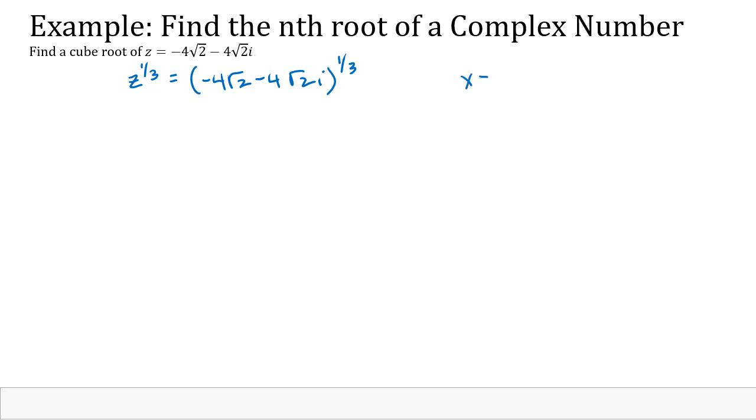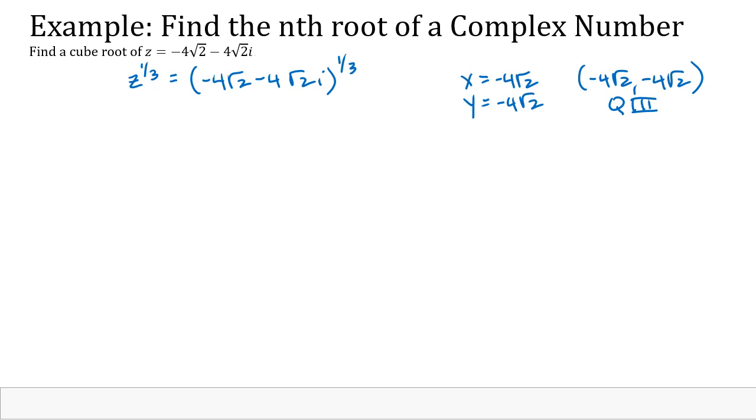So my x value is equal to -4 times the square root of 2. My y value is -4 times the square root of 2. That's going to give me the ordered pair where they are the same, and that puts me in quadrant 1, 2, and 3, right? I want to remember that as I go through, because that's going to affect my theta.